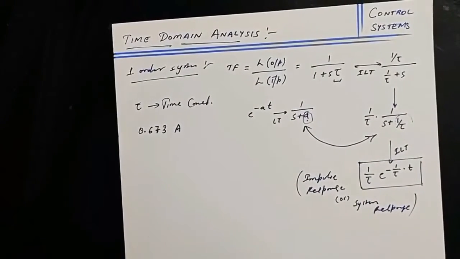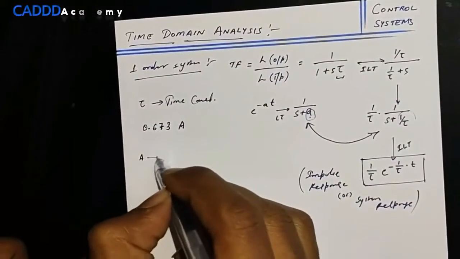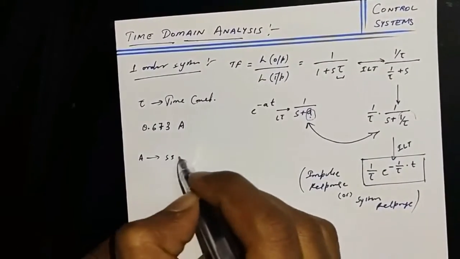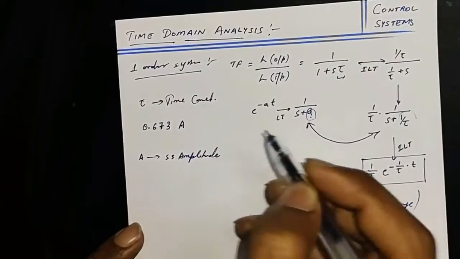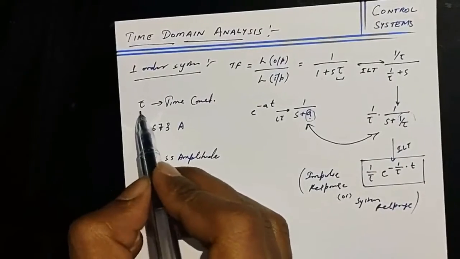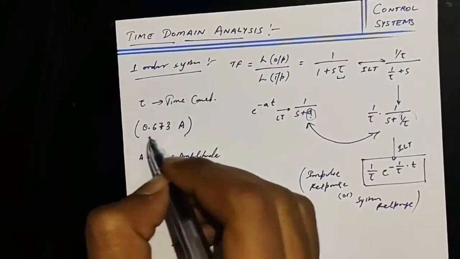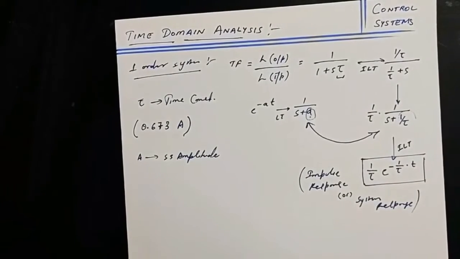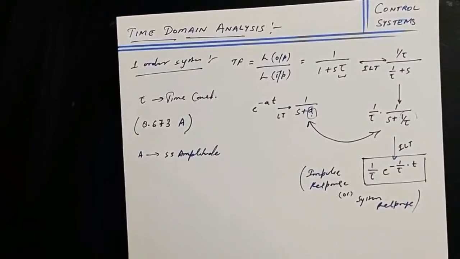I'm writing that as A, which is what? Steady state amplitude. So the time required for the system response to reach 0.673 times of the steady state amplitude is known as time constant.